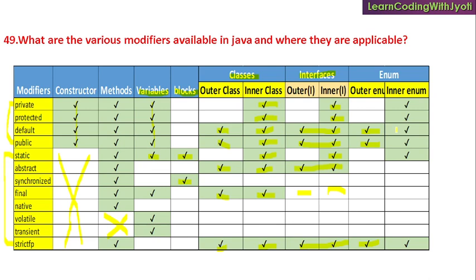Likewise for inner enum, default, public, strictfp. Besides this, three more modifiers are applicable. These are private, protected, and static. I hope you got a better understanding.